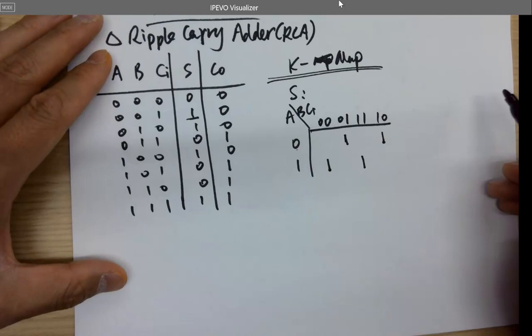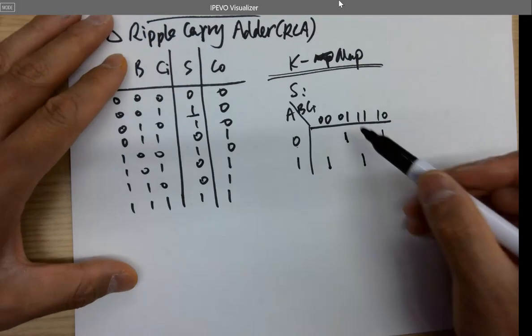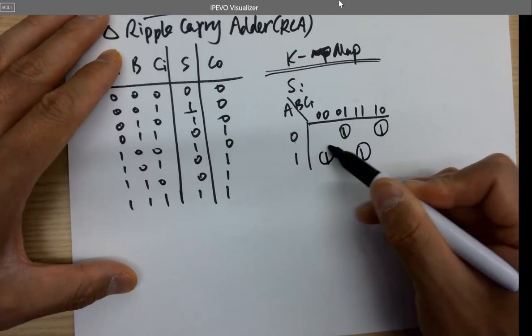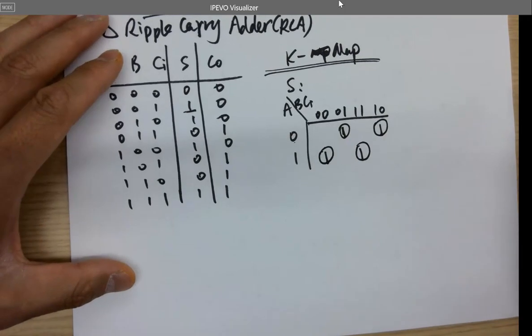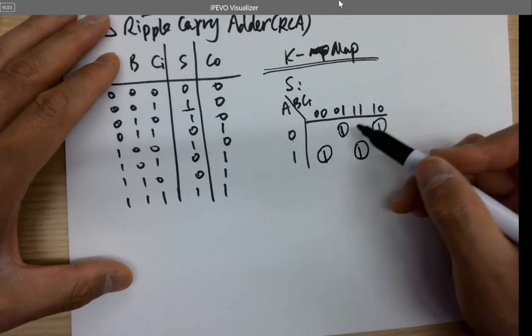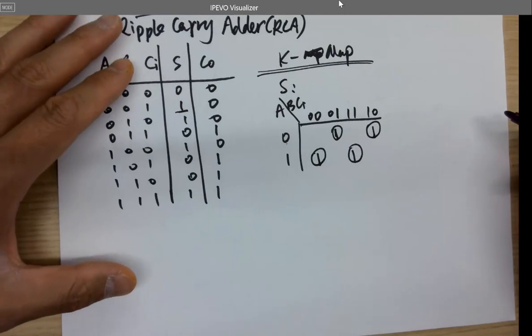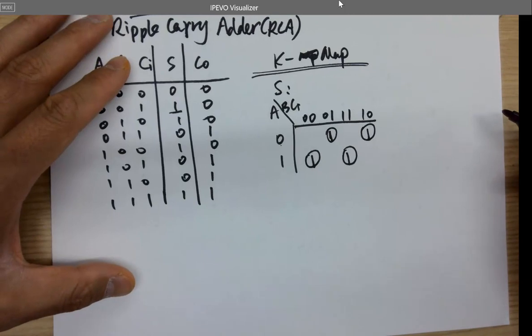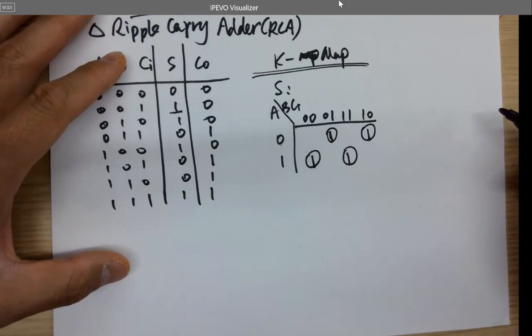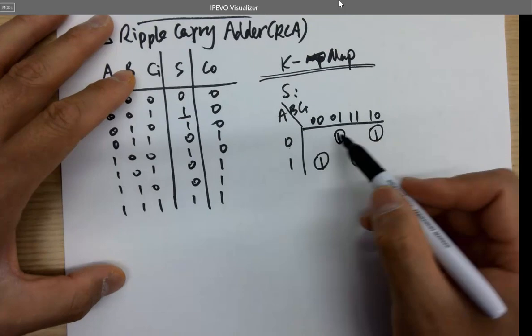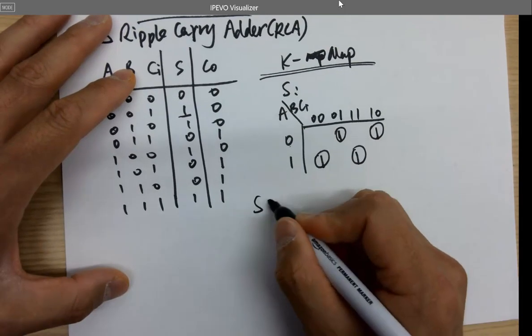We are trying to simplify it using a K-map, but it cannot because they're not next to each other, pretty far apart. So you circle them and find out you cannot combine anything. All right. So eventually, you just directly write them down. Okay, S equals.